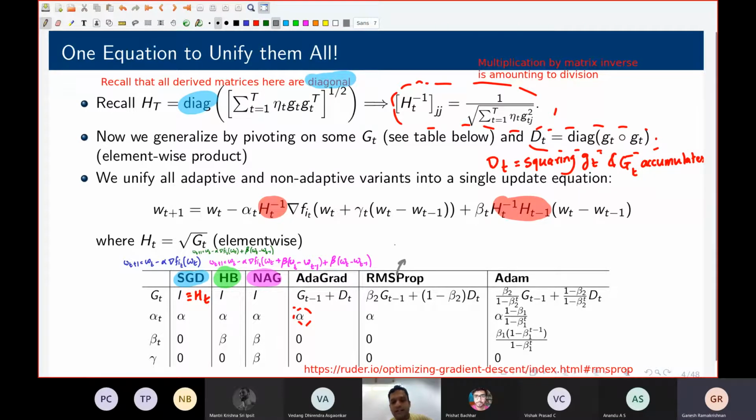In RMS prop, the idea is to fix the significantly diminishing learning rate created by AdaGrad.